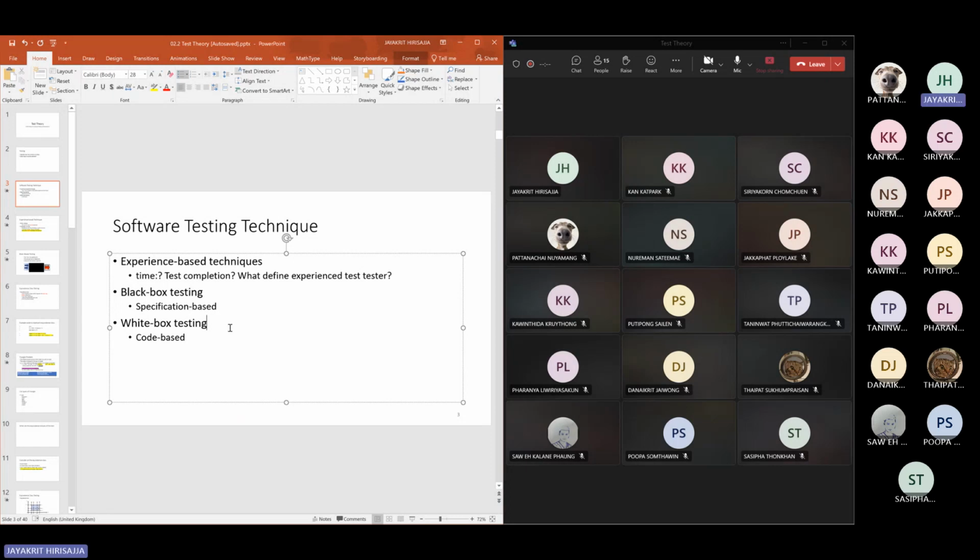White box testing, on the other hand, is code based, and we are going to cover every single method of the system. We will come back to the detail of this later.